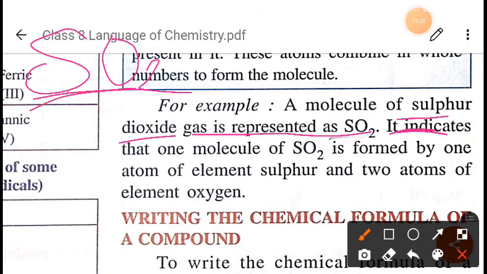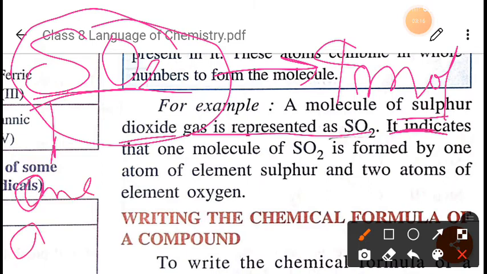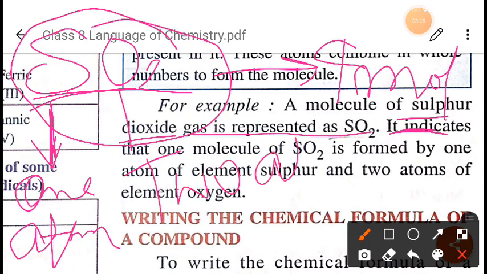It indicates that in one molecule of SO2 there is one atom of sulfur and two atoms of oxygen, okay?